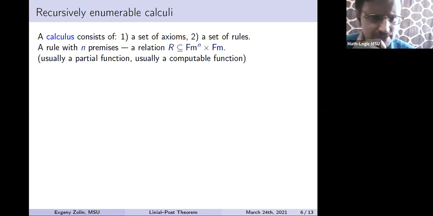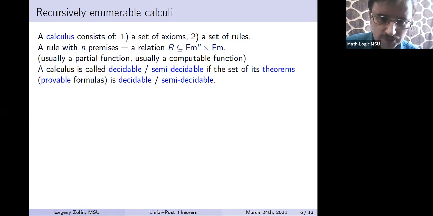And usually in the logics that we have in practice, a rule is generated by some formulae, obtained by some substitution instances of some formulae. But now we don't need this more special case. So a rule is just any partial computable function between n formulas and formulas.